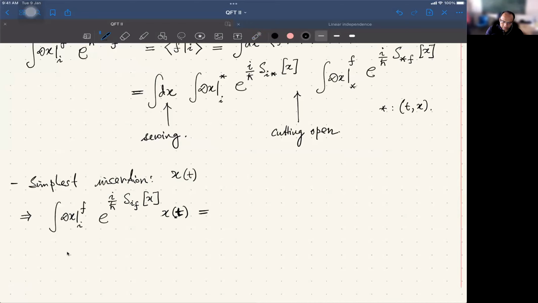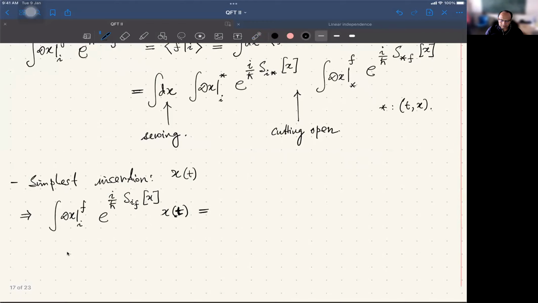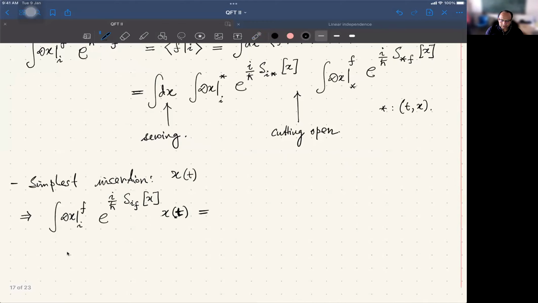This is just a calculation that you can perform once you know how to do the path integral. But what is the analogous expression in terms of matrix mechanics? You cut open the path integral at t and sew it back.